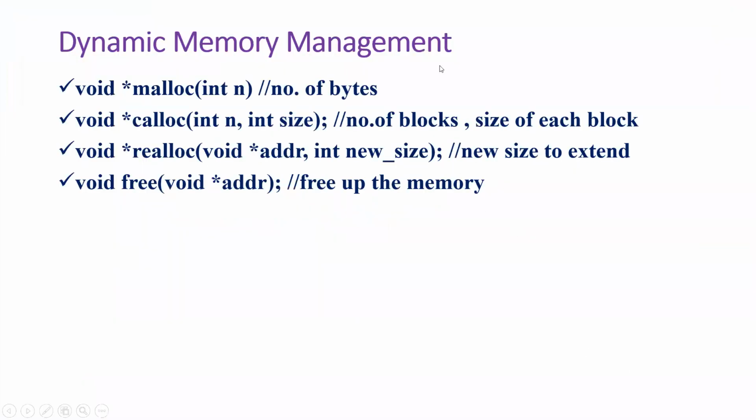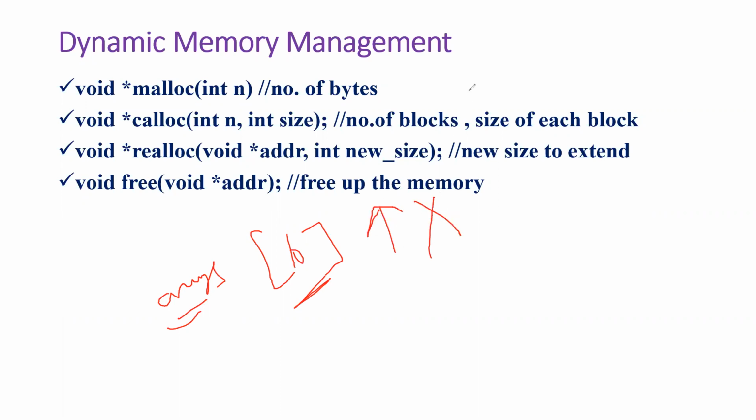Why we go for dynamic memory management is, for example, in the arrays concept, array size is fixed, right? For example, if you take a size as 10, and in between you get a requirement to extend your size from 10 to 15, it is not possible. Or if you need to reduce the size, reducing the size is also not possible.